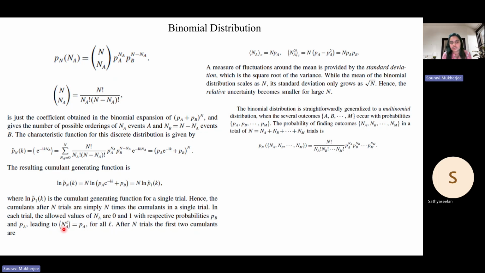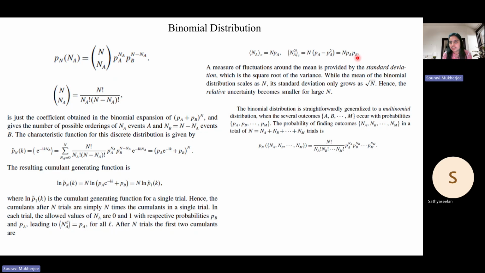From there, you can find all the different moments of that single trial, which is given as PA. So after n trials, one can define the first cumulant as n into PA. Similarly, the second cumulant can be written in terms of the two moments, right? nPA minus nPA squared.